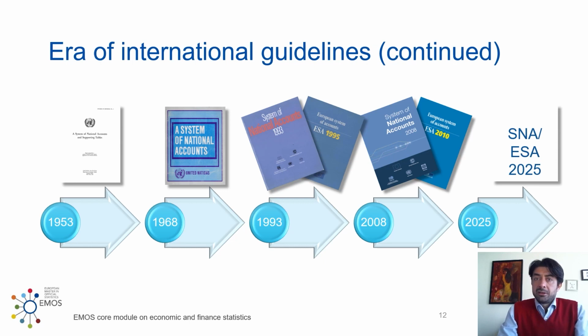At the beginning, the development of the system of national accounts was undertaken by the United Nations. However, since 1993, this has become a joint project of 5 big international organizations, also including the International Monetary Fund, the OECD, the World Bank, and Eurostat.